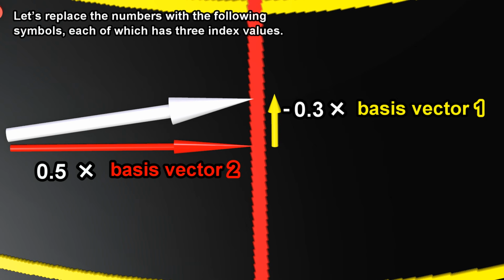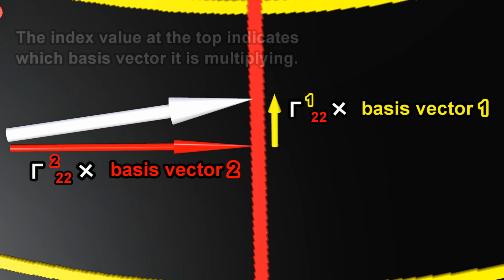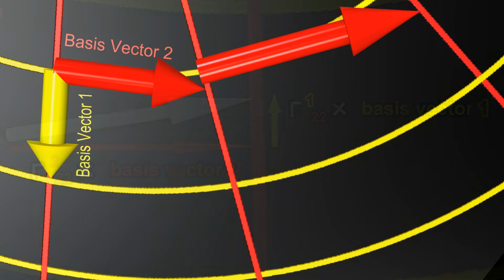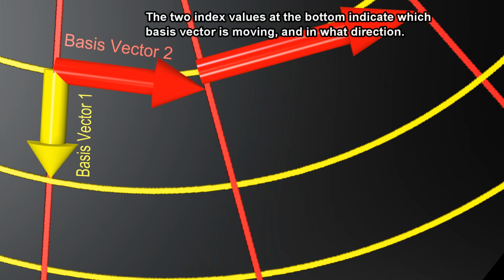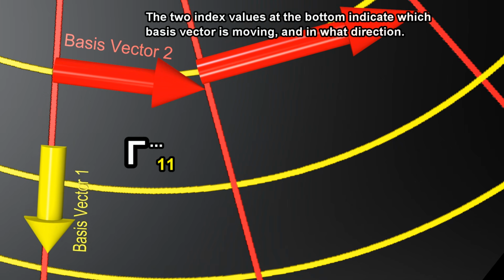Let's replace the numbers with the following symbols, each of which has 3 index values. The index value at the top indicates which basis vector is multiplying. The two index values at the bottom indicate which basis vector is moving and in what direction.